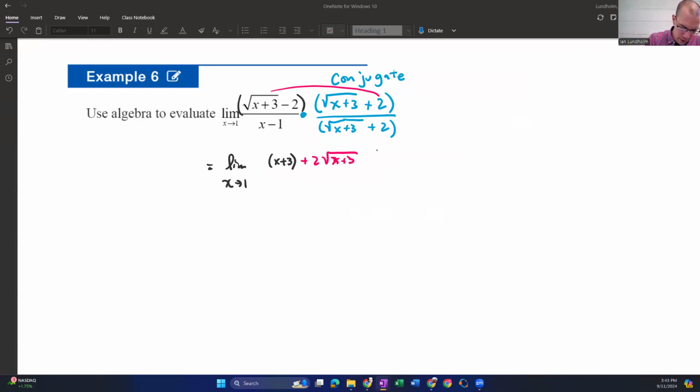And then when we do the inside, let's use green. We're going to get minus 2 square root of x plus 3. And that is why we chose this conjugate, so that the middle terms would cancel out and go away. And then the last term would be a plus, oh, no, just kidding, a minus 4.